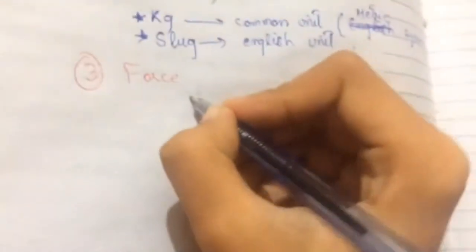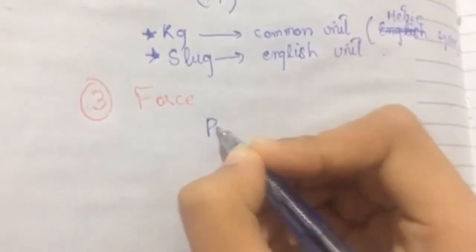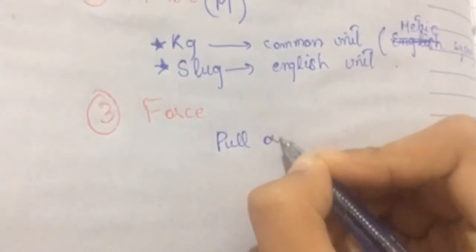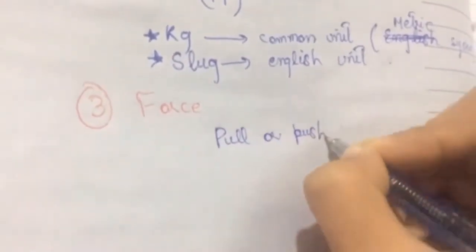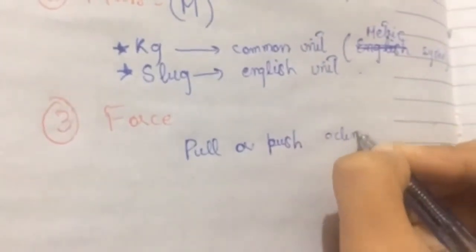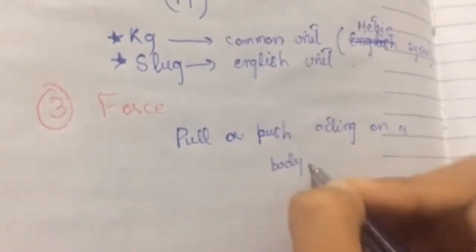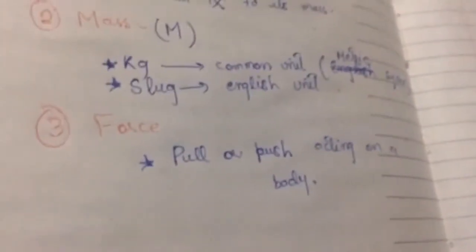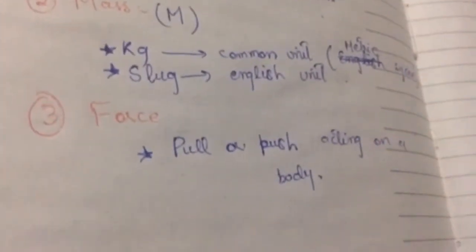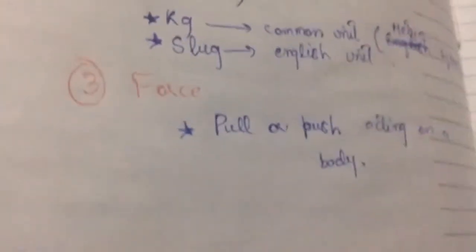So first we have to write: pull or push acting on a body is basically thought of as, or called, force. After that we simply say that it is characterized by its magnitude, direction, and point of application to a given body.